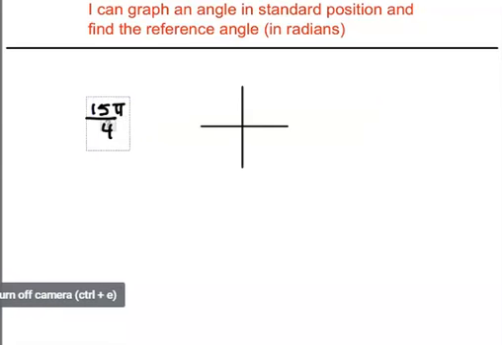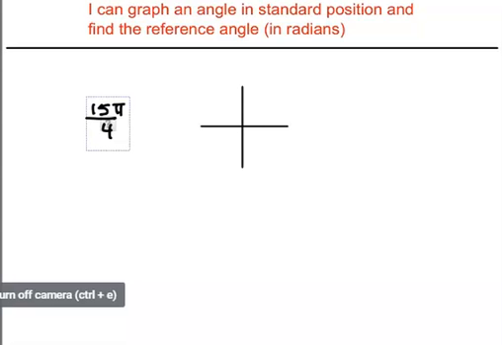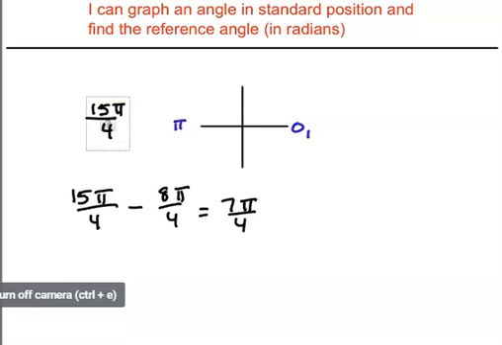Okay, we'll just do one last one. Once again, this is not between 0 and 2 pi. 2 pi would be 8 pi over 4. So I'm going to go 15 pi over 4 minus 2 pi, and now this is 7 pi over 4. So this is 0, this is pi, this is 2 pi.